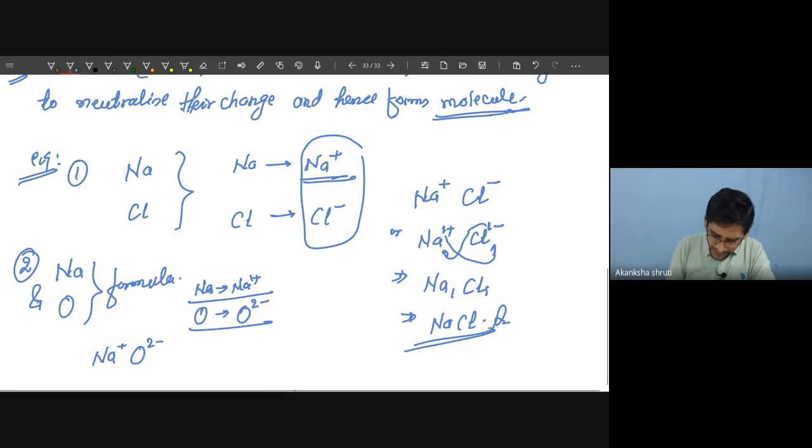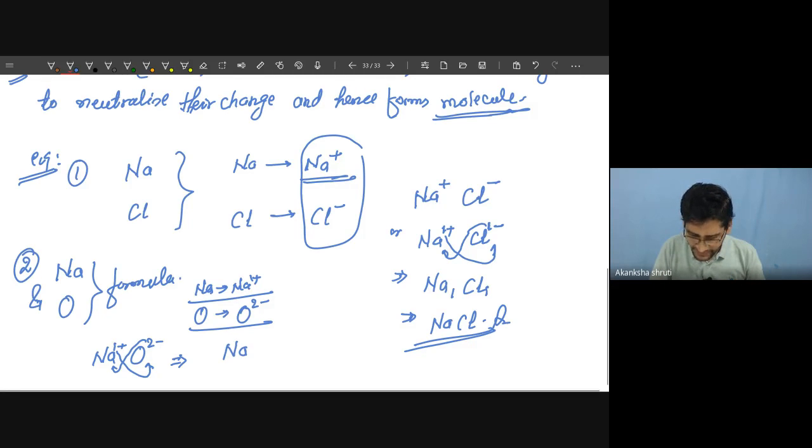If you have doubt, you may write Na plus as Na1 plus. Now this 1 you have to write at the end of the other atom, and this 2 which is over the other ion you have to write for the first one here. Means cross multiplication is simply what you have to do.